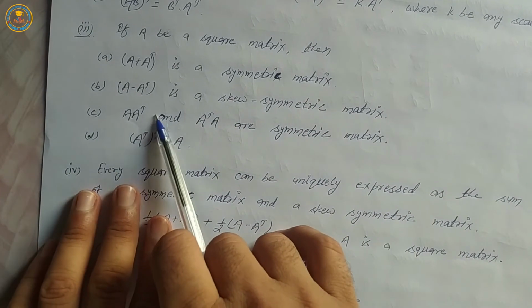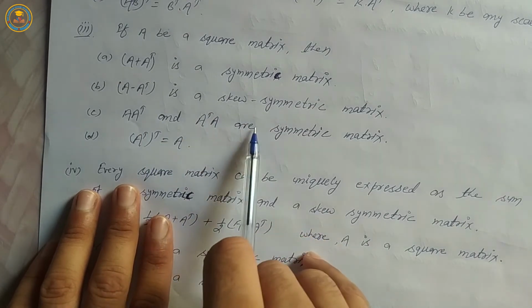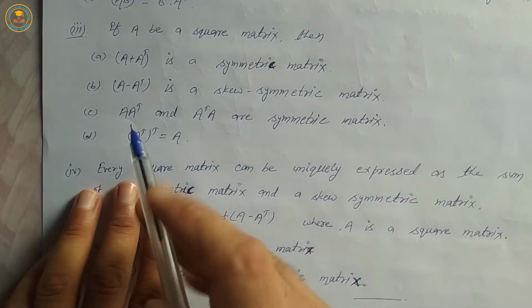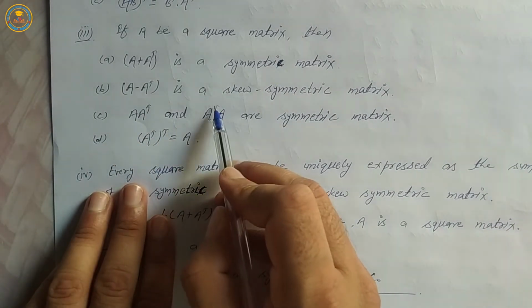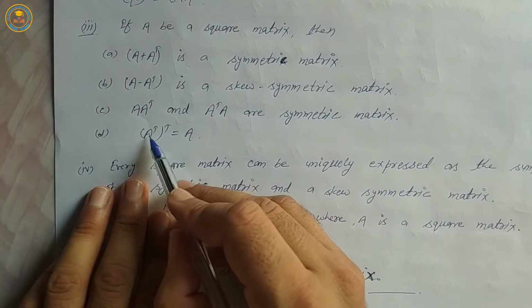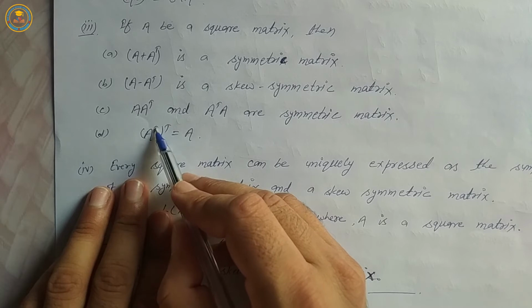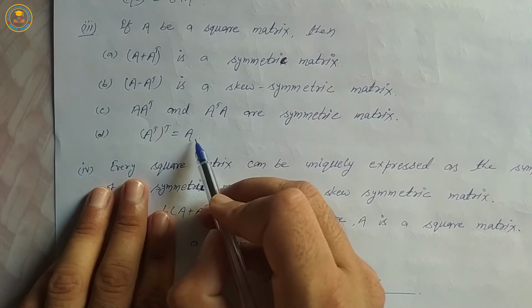Also, A A^T and A^T A are both symmetric matrices. Last, (A^T)^T is equal to A.